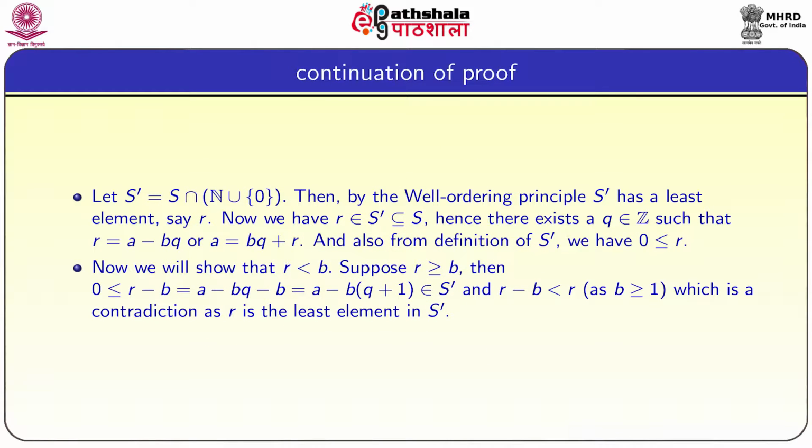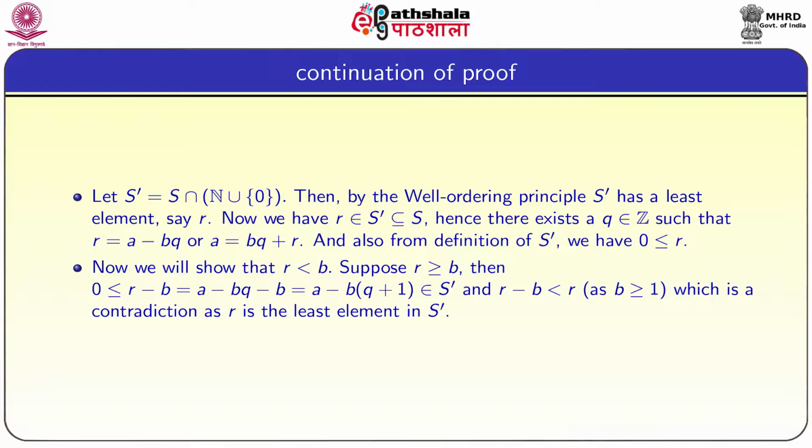So, now we need to show the conditions on r. From the definition of S dash, as S dash is equal to S intersection N union {0}, we already have that 0 is less than or equal to r. Now, we will show that r is less than b. Suppose r is greater than or equal to b, that means we are assuming a contradiction.